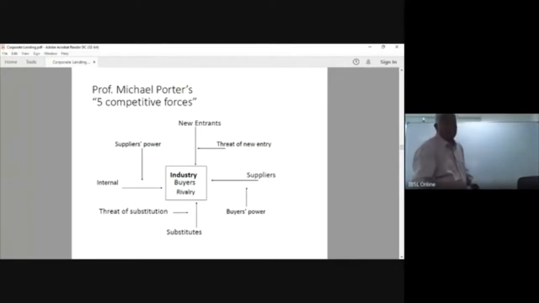Professor Michael Porter's 5 competitive forces. This is the industry. Internal rivalry.